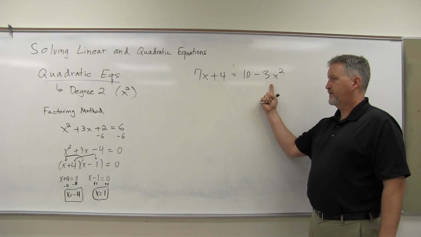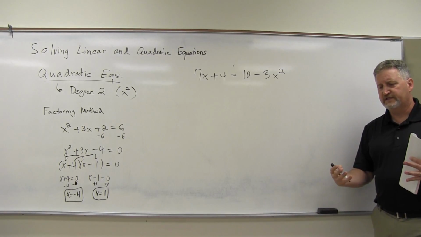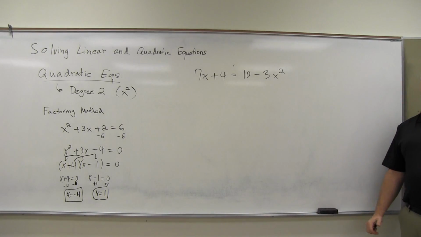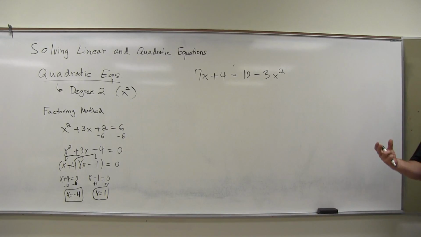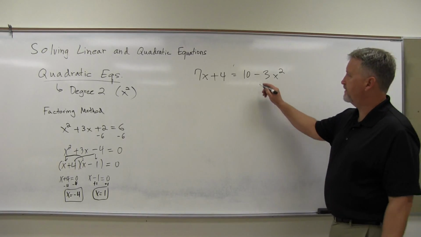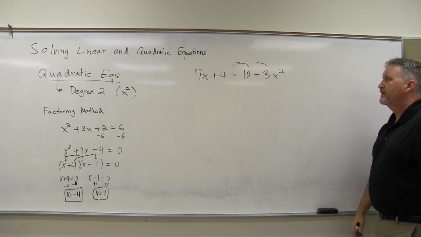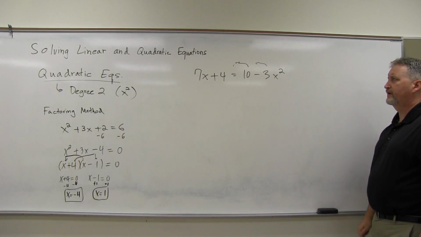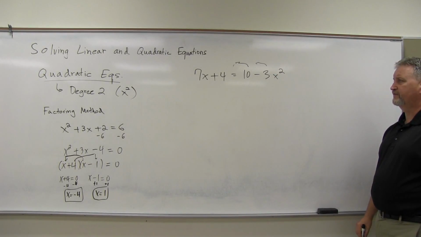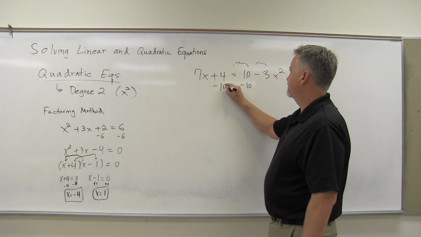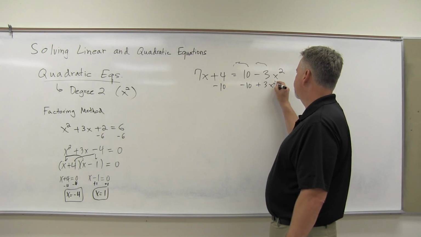Because we've got a minus 3x squared, when solving these quadratic equations, a lot of times it's best to have the x squared be a positive if you can. For that reason, I'm going to move these two terms over to the left side because I want to make that x squared term be a positive 3 instead of a negative 3. So that would mean subtract 10, and then add 3x squared.